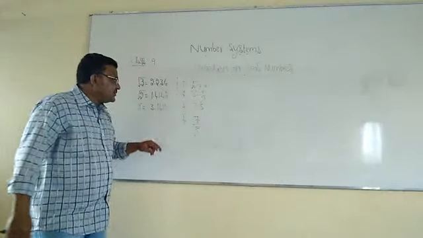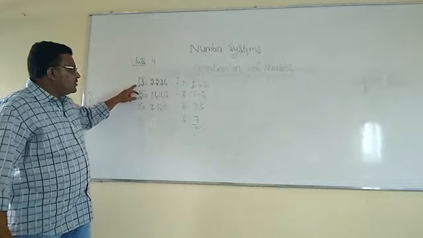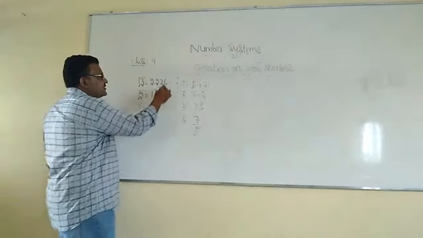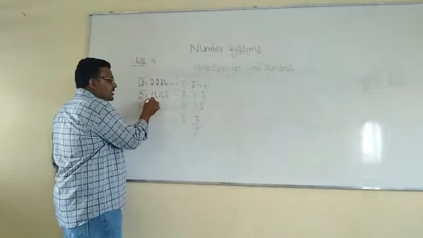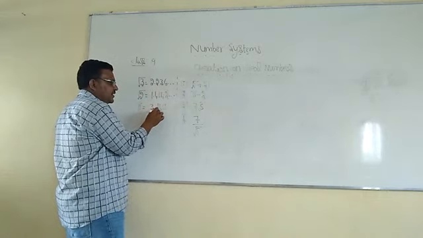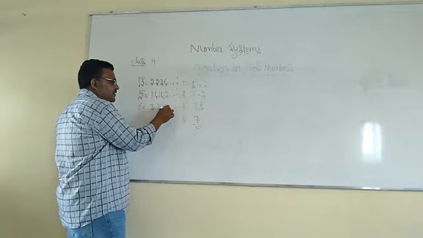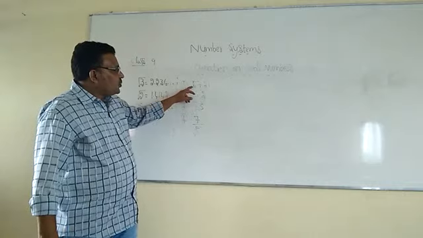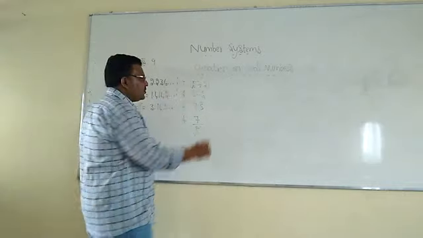So first remember these values here. So root 5 value is 2.236 and so on. Root 2 value is 1.4142 and so on. Pi value is 3.1415 and so on.